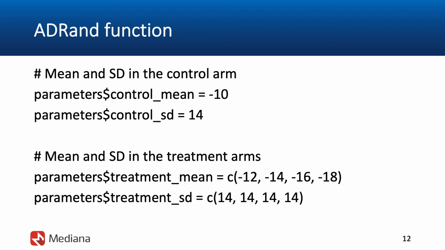We can see here that as the dose increases, we expect a larger reduction in the primary efficacy endpoint. And as far as the standard deviations are concerned, a common standard deviation of 14, which is the same as the standard deviation in the placebo arm, is assumed across the dose range in this clinical trial.